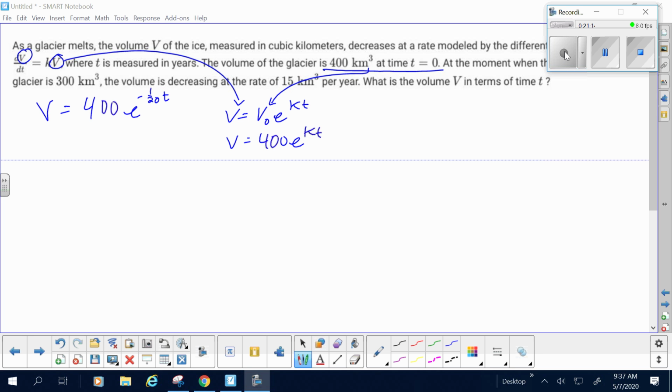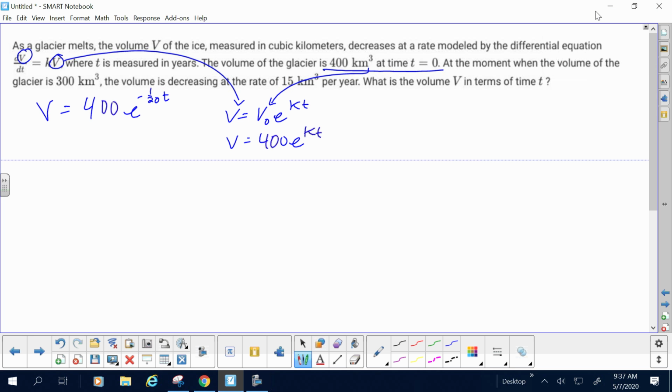And last but not least, at the moment the volume is 300, the volume is decreasing at a rate of 15. So that implies that when volume is 300, the rate of change is negative 15. So we're talking in the dv dt.